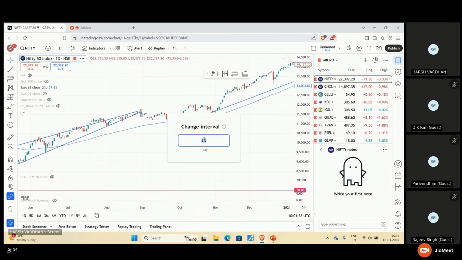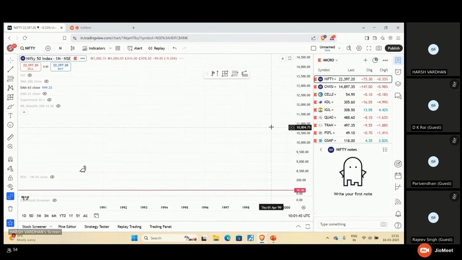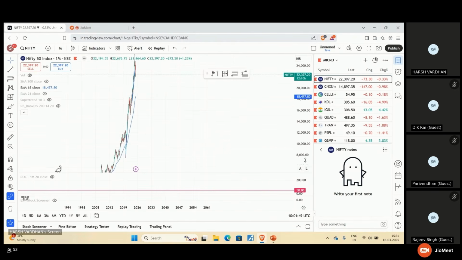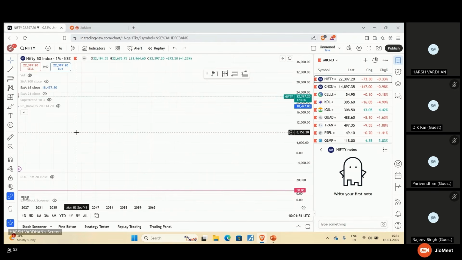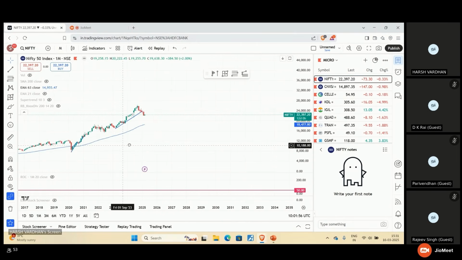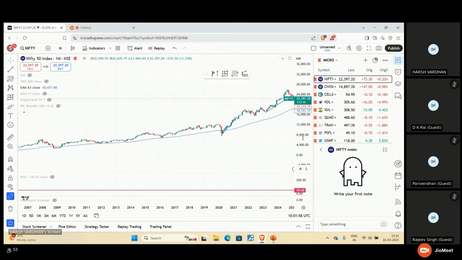So if we change it to, let's say, 1 week or 1 month, then the trend will change, right? Because maybe Nifty was in a downtrend or uptrend on a daily time frame, but in the monthly time frame it may still be in an uptrend.